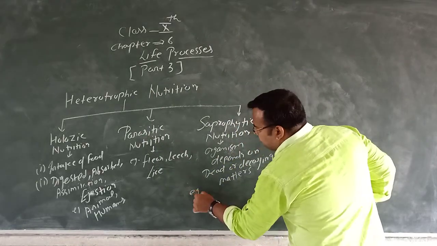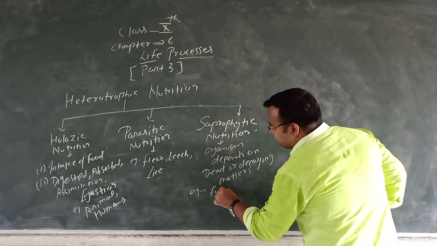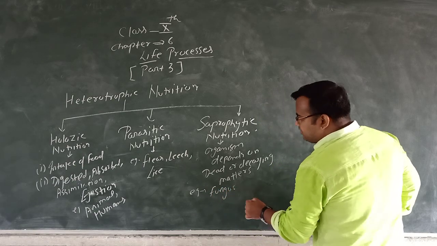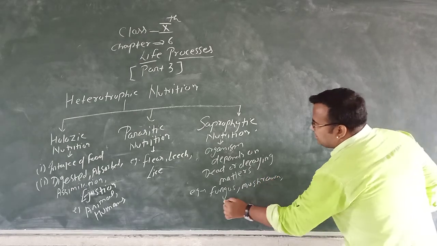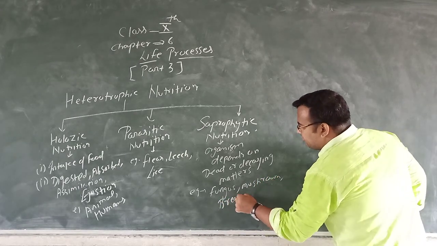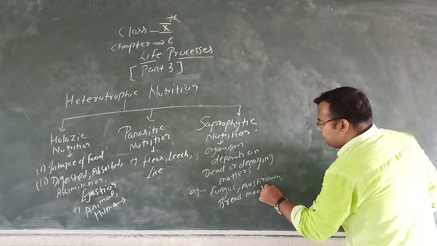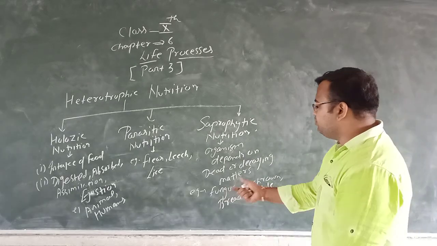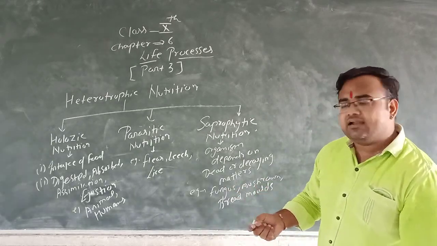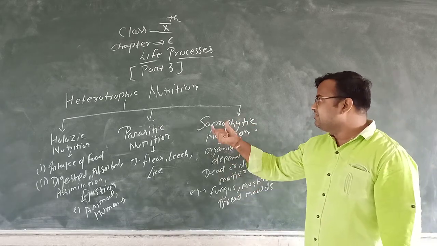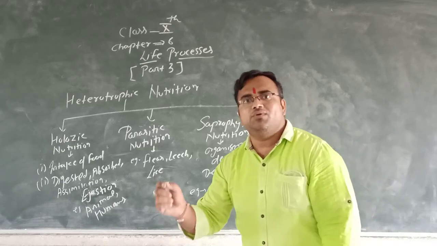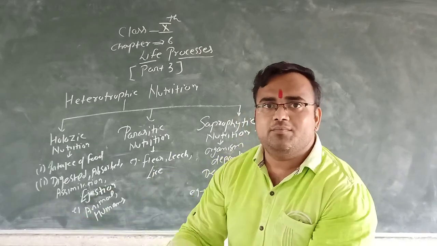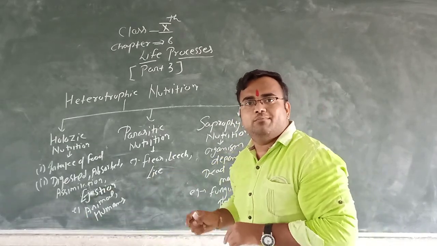Examples: fungus, mushroom, bread mold. Fungus, mushroom, bread molds come under the saprophytic mode of nutrition. That means the mode of nutrition in which the organism depends on dead or decaying matter.